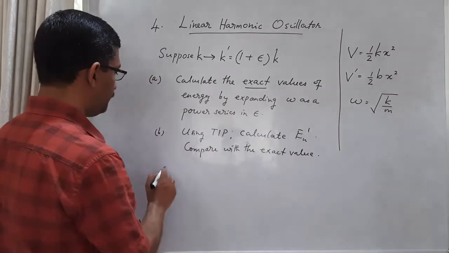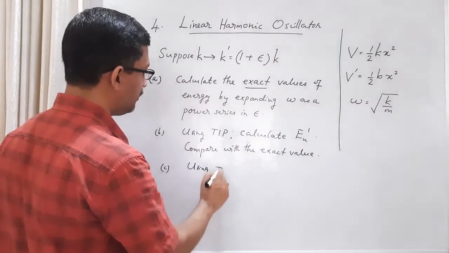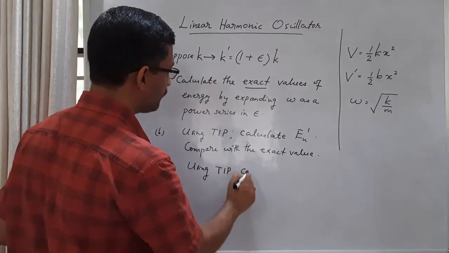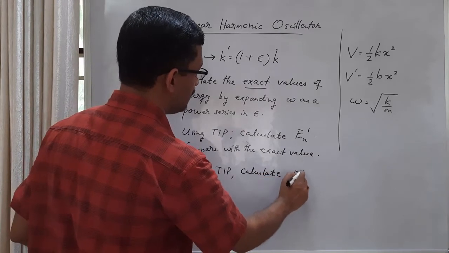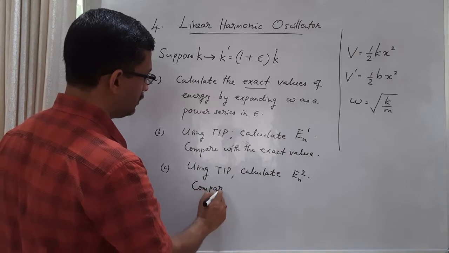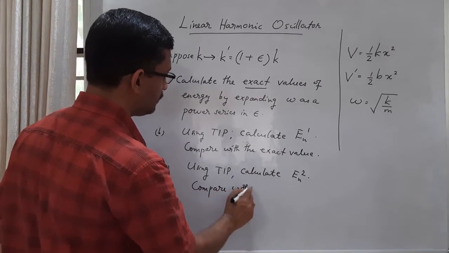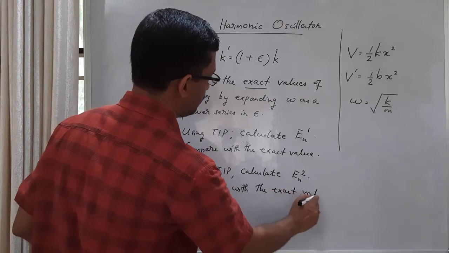Okay, then the third step is, using again time independent perturbation theory, calculate the second order correction in energy and compare with the exact value.